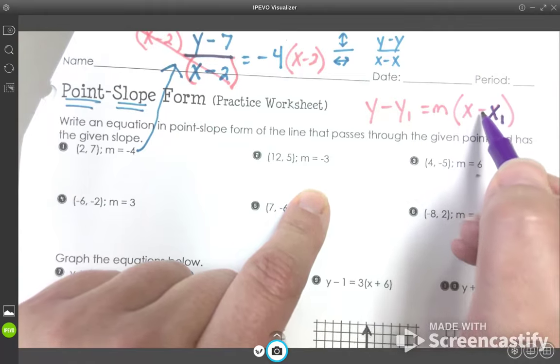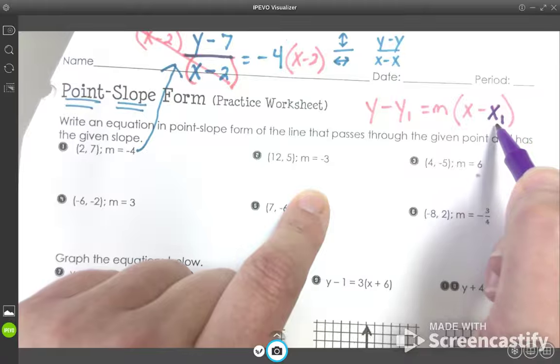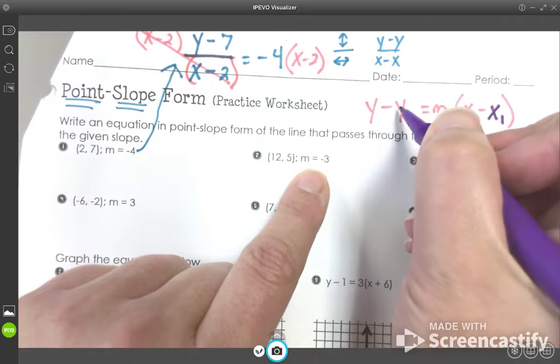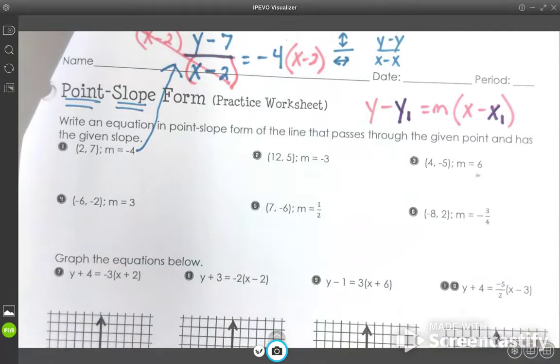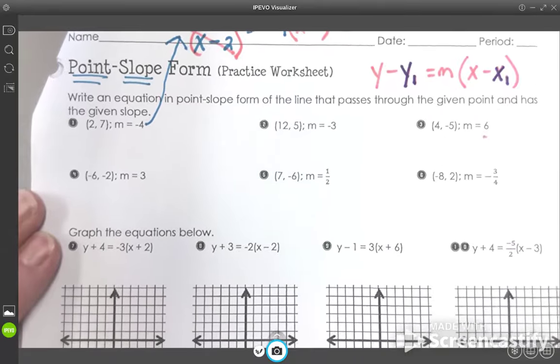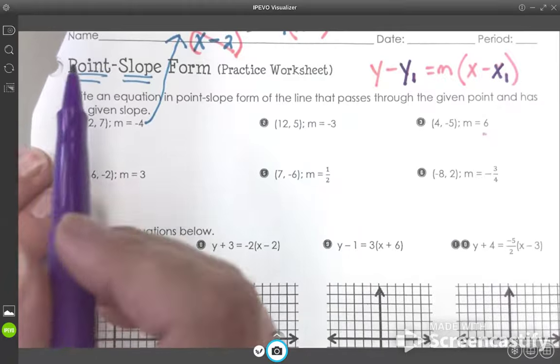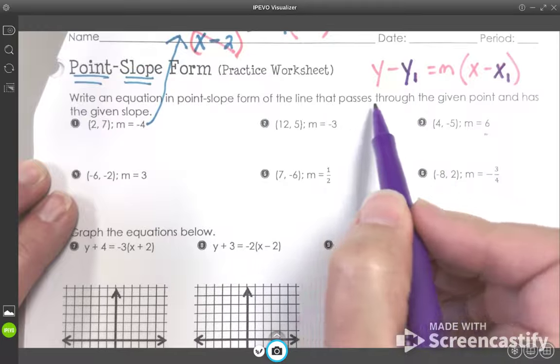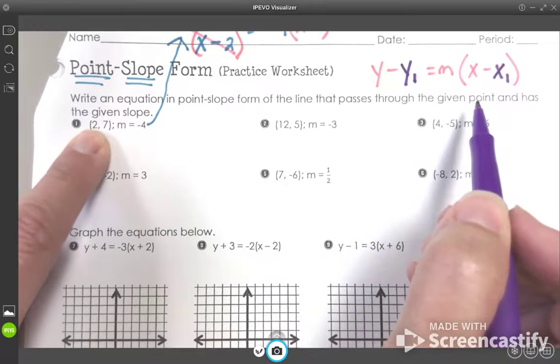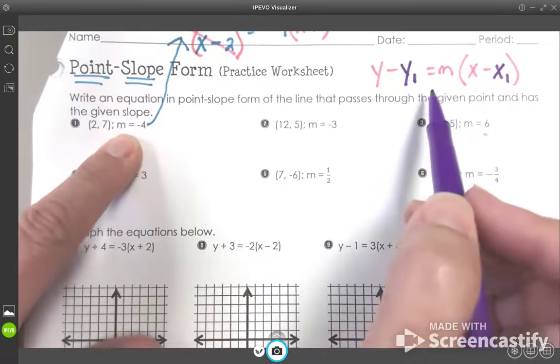It's x minus an x coordinate, and it's y minus a y coordinate. You'll see that as I go through a couple of these, but just a warning that that minus sign is always what throws my students off. So the first part is pretty straightforward. We're going to write an equation in this point-slope form that passes through the given point that they give us and has the slope that they give us.